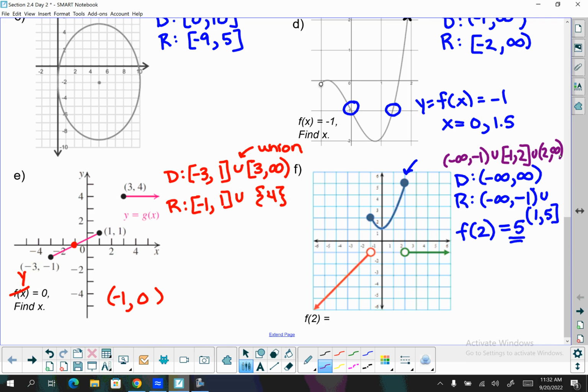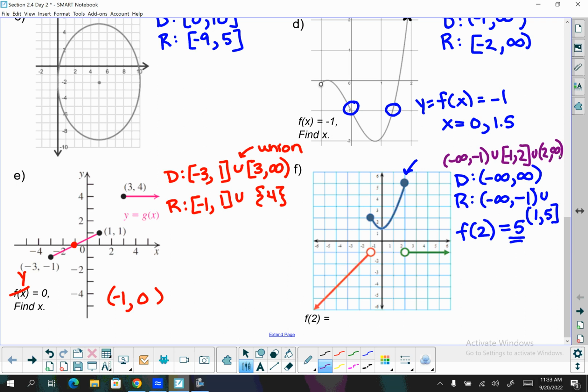So if I'm looking at range, would it be the same as E? Because on E you have the 4 and like the things. Yes. But in this one, we jumped, and in that segment, that was the only y value it hit.